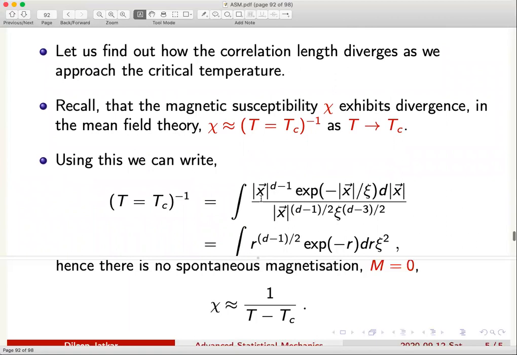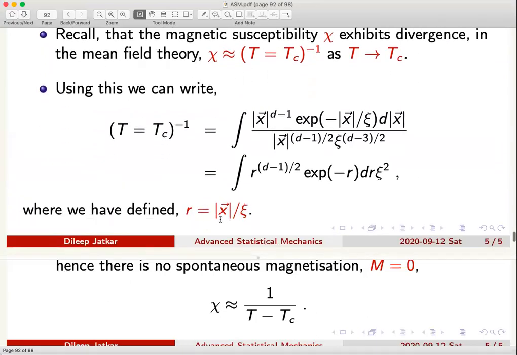The mod x to the d minus 1 comes from the d^d x piece. So what you do is replace all these by defining r equals mod x by ξ, and write everything in terms of an r integral. If you do that, and just check the scaling, mod x by ξ becomes r, so you get e to the minus r.